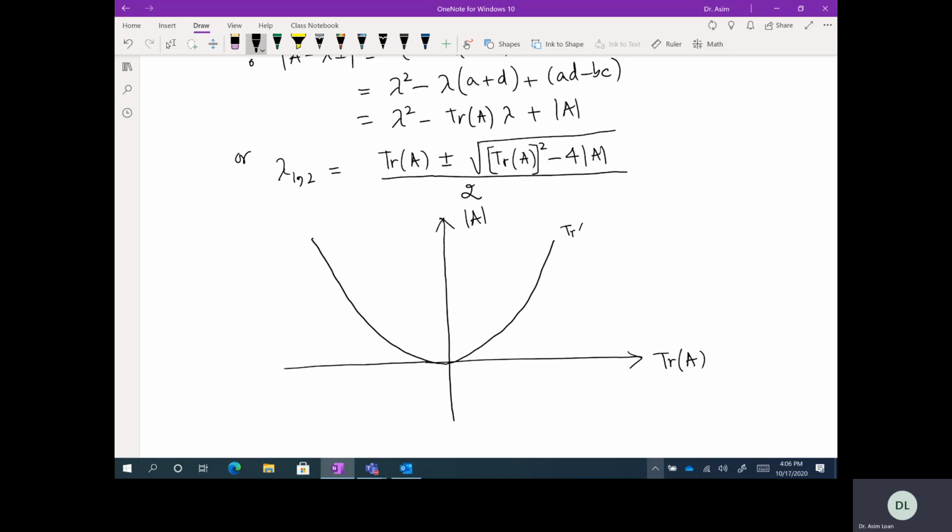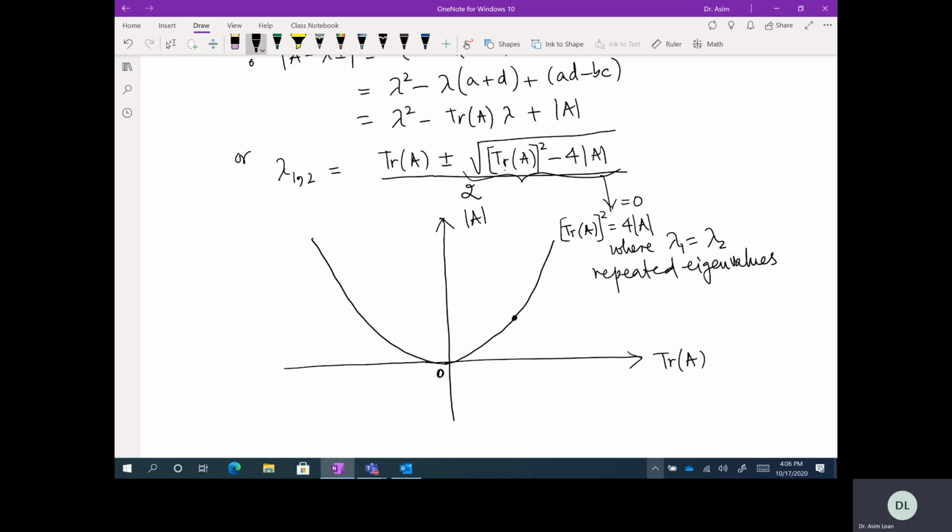This is where trace of A squared is equal to 4 times determinant of A, and this is the point where lambda_1 equals lambda_2. So when this part is equal to 0, then we have repeated eigenvalues. Okay, good.